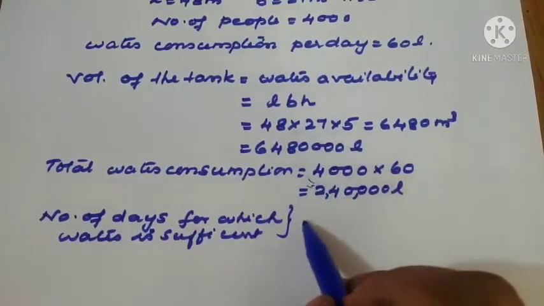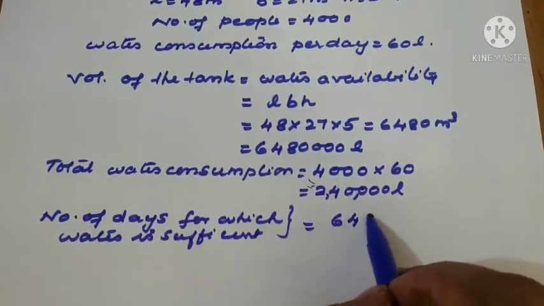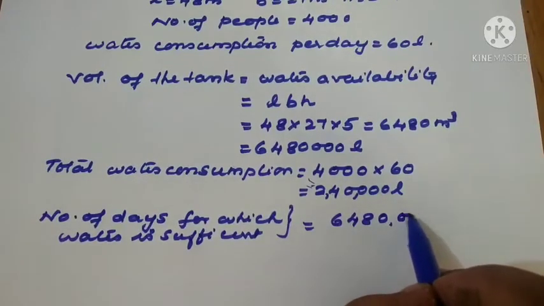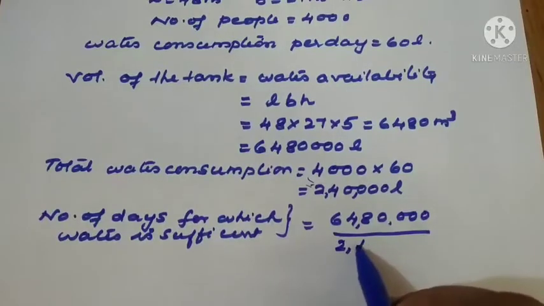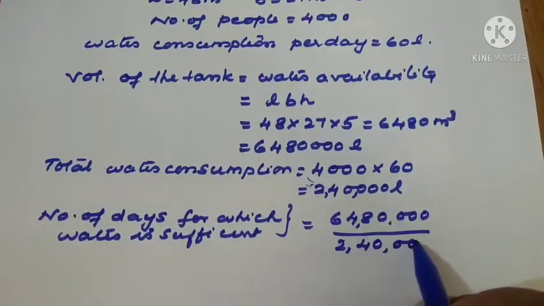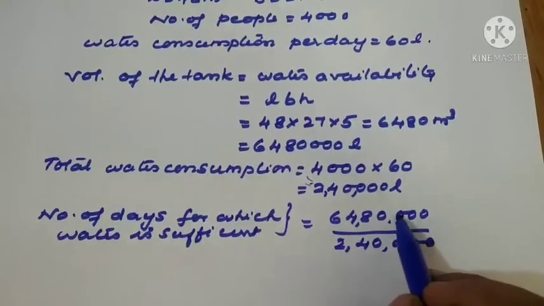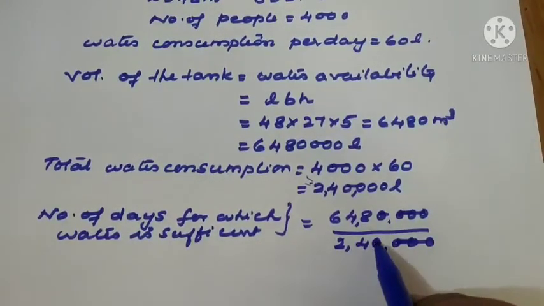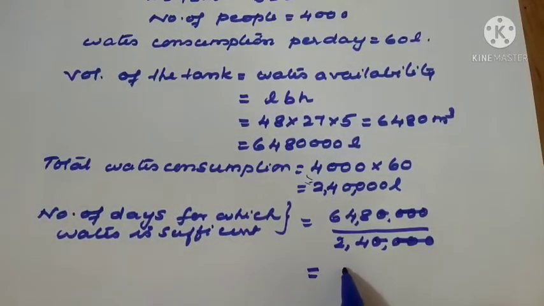The volume of the water divided by the water consumption: 6,480,000 divided by 240,000. The zeros cancel, and we get 27 days.